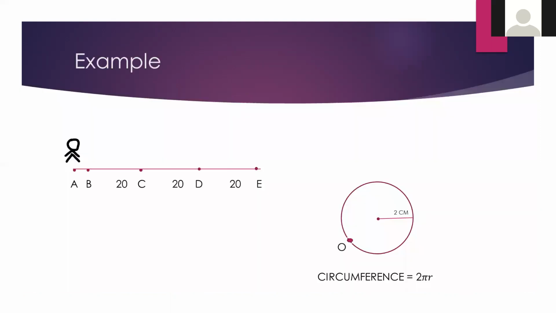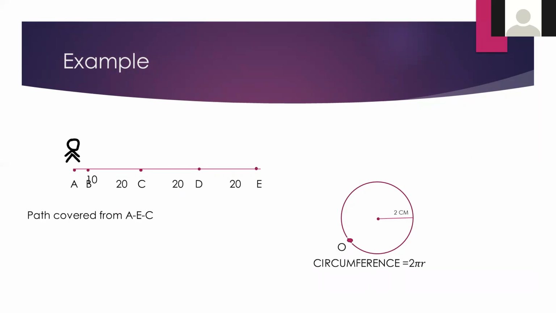Now let's study with the help of this example. Suppose there's a man who's standing at point A. So this point A is the origin. If he's moving from point A to E, then to C, then our distance will be from A to E, then C. Distance will be 70 plus 40, that is 110.